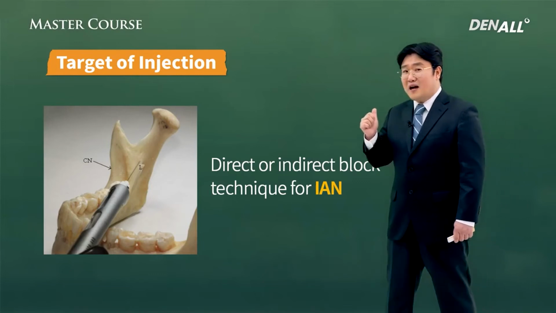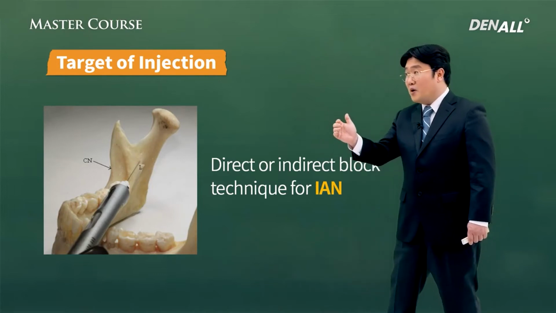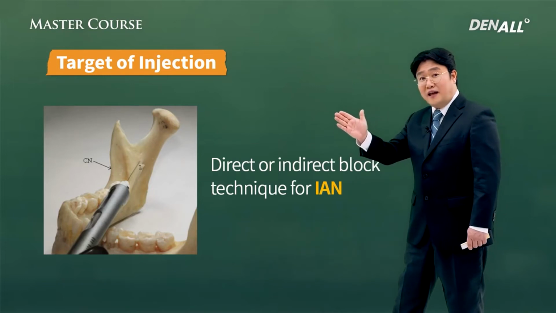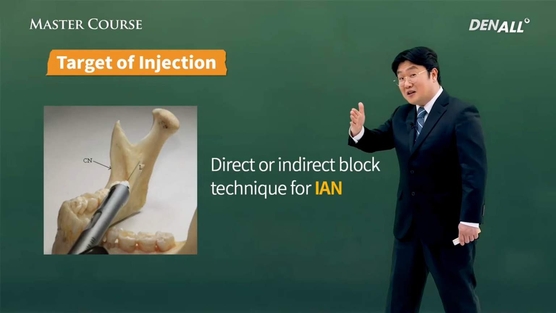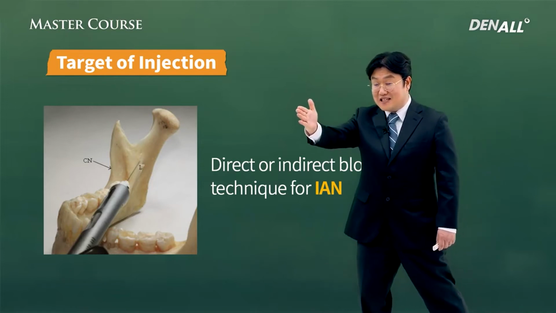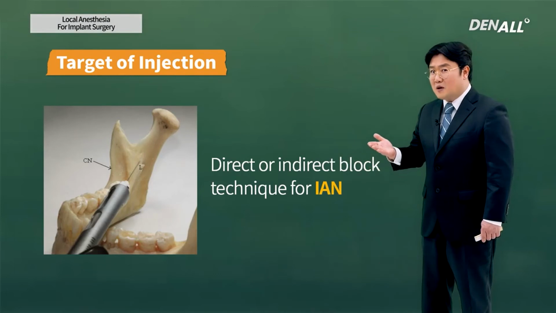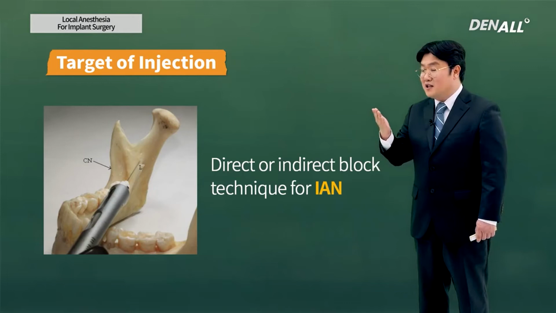You can use the direct method or the indirect one where you inject in parallel and change the entry direction when you hit periosteum or bone. Regardless of whether it is direct or indirect, the needle should be put on that location.